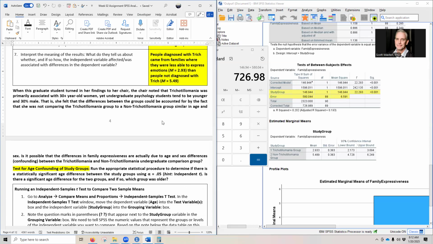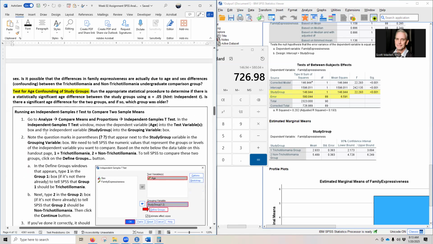You compared folks with trick who tend to be older and female to a bunch of undergraduates, which even though it's psych, so it still tends to be like 80+% female, but there's more men and they're all a lot younger, males and females. So maybe some of these differences you got are just age and gender differences. Why don't you see if it's possible that age and sex are confounders in your study? So sent her back to go do that.